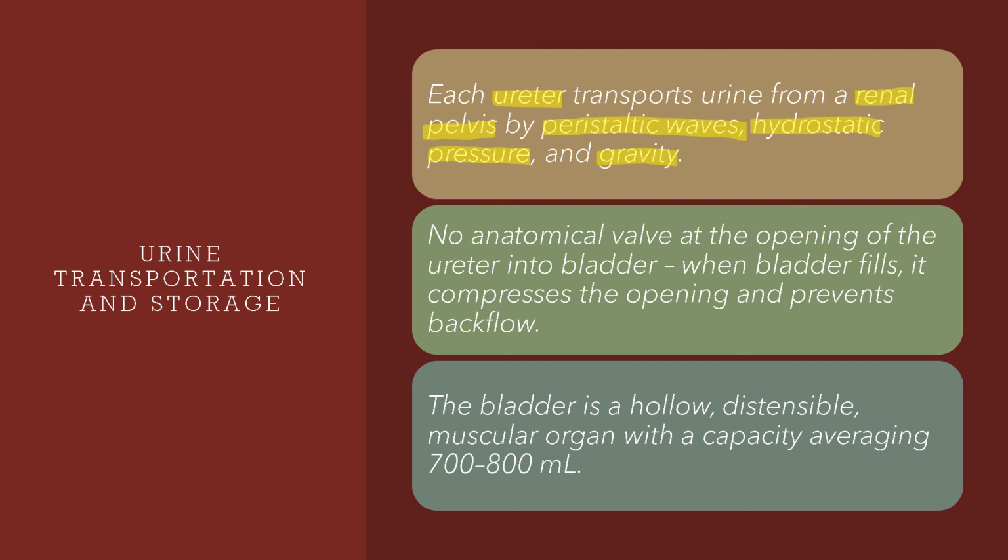Now there's no valve at the opening of the ureters into the bladder, but when the bladder fills, it compresses the openings near the top and it prevents backflow. A hollow bladder has a capacity of about 700 to 800 milliliters.